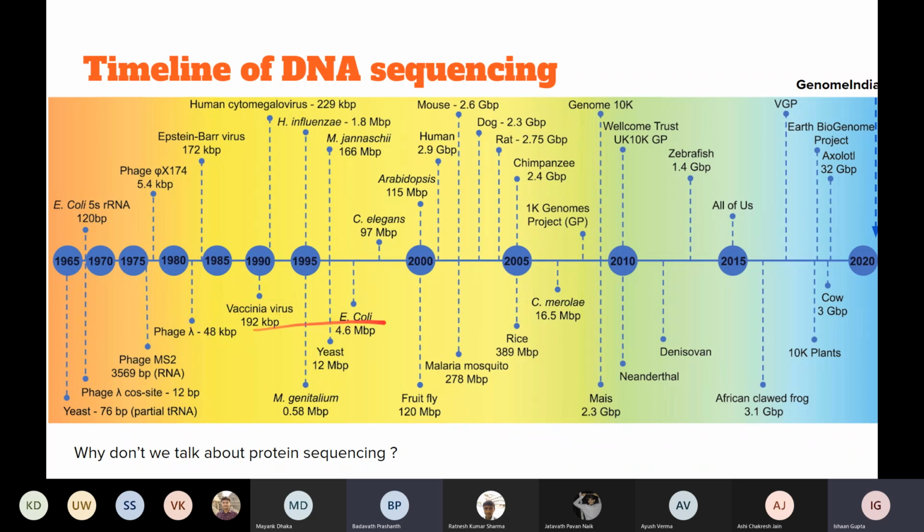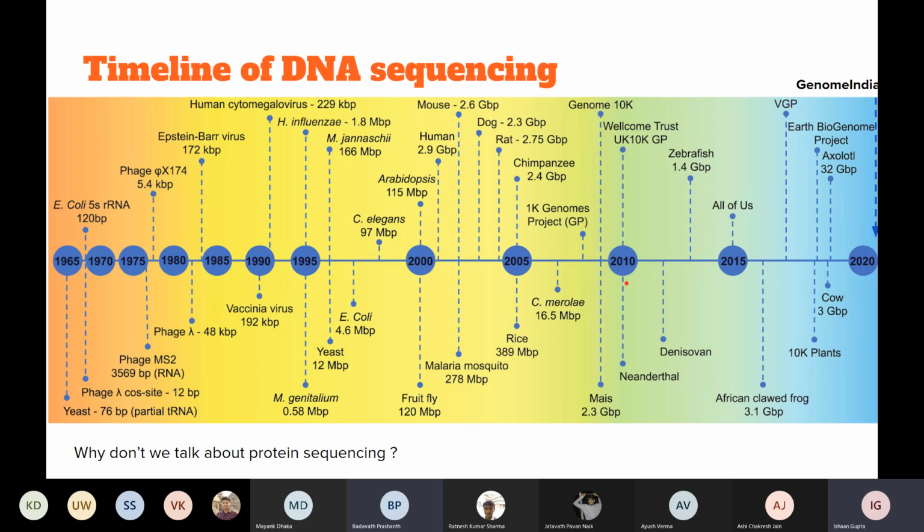All right, so this is the timeline for DNA sequencing, and typically around 1990 is when the Human Genome Sequencing project was conceived, and a lot of technologies around the project were developed. We'll talk about the project, but you can see that since the Human Genome Project, lots of technologies came up, going from sequencing different kinds of organisms.